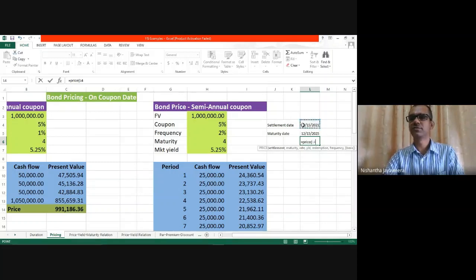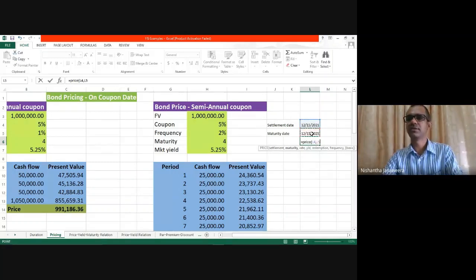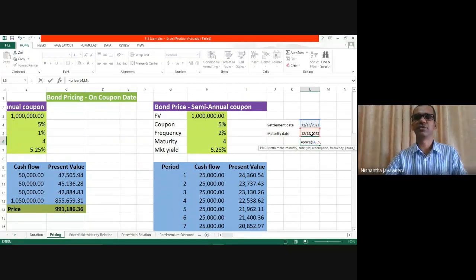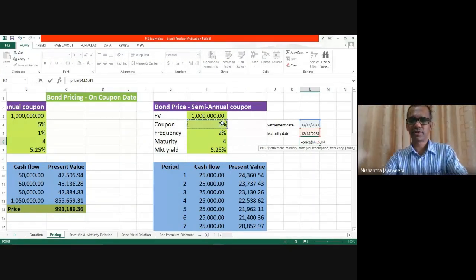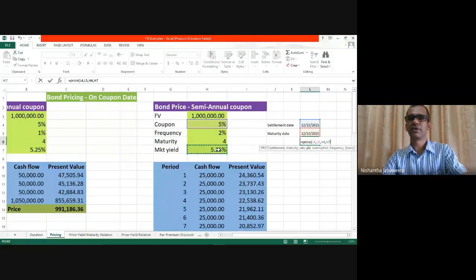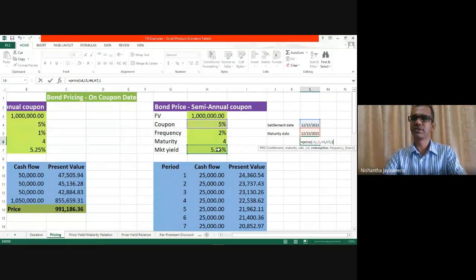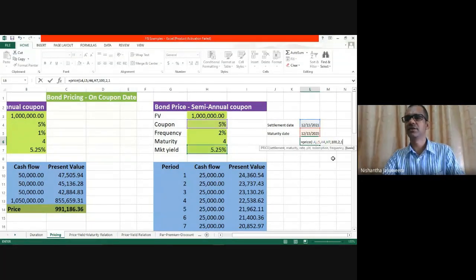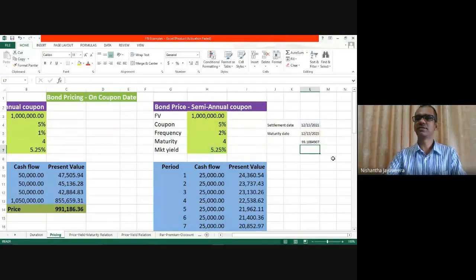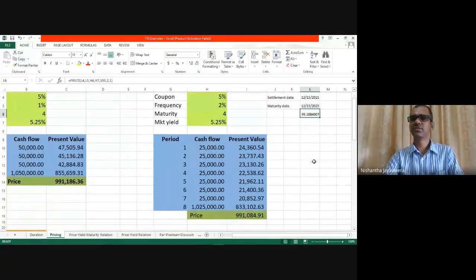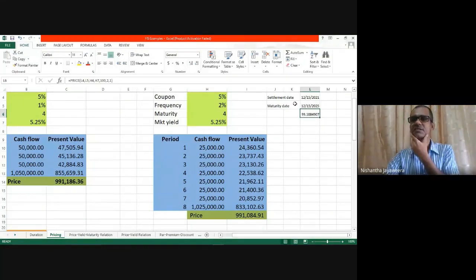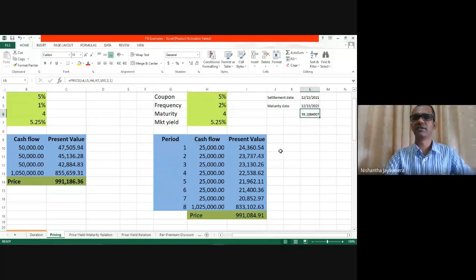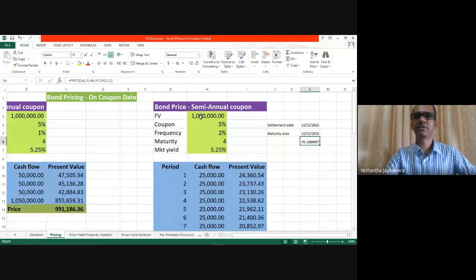First we need to give the settlement date. Second one is the maturity date. Then the coupon rate, required rate of return, yield, redemption 100, frequency, this is semi-annual, and actual. You can see the price you get is 99.1084907.